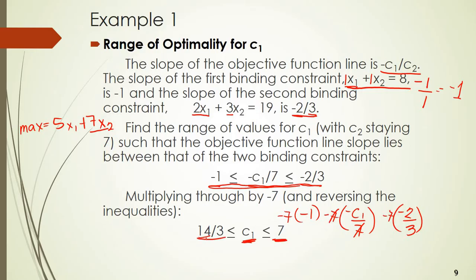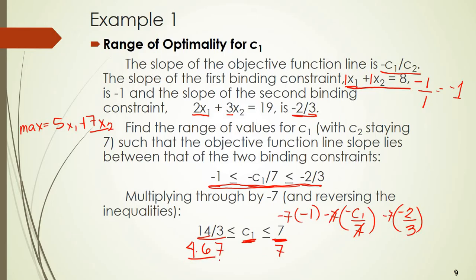So we have it, the range of optimality for C₁: 14 over 3, or simply 4.67, is less than or equal to C₁, and the value of C₁ should also be less than or equal to 7. So this is the optimality range for C₁.